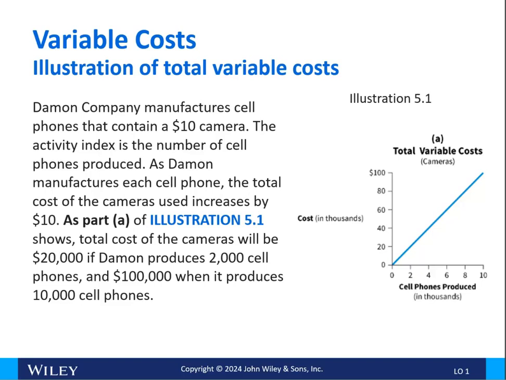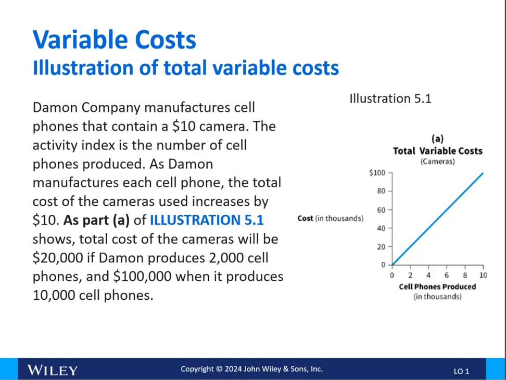So here's an example. Damon Company manufactures cell phones that contain a $10 camera. The activity index is the number of cell phones produced. As Damon manufactures each cell phone, the total cost of the camera used increases by $10.